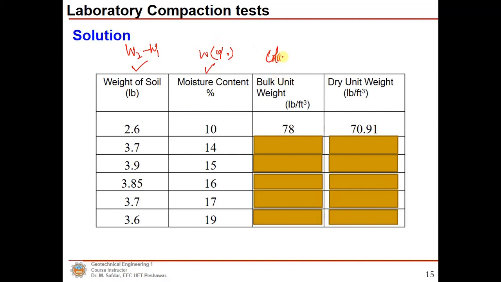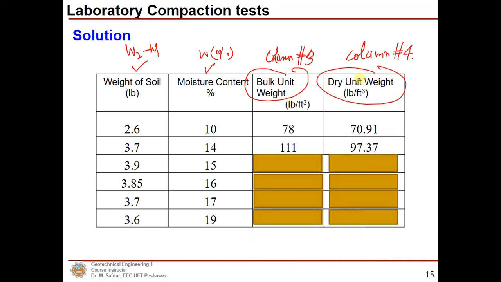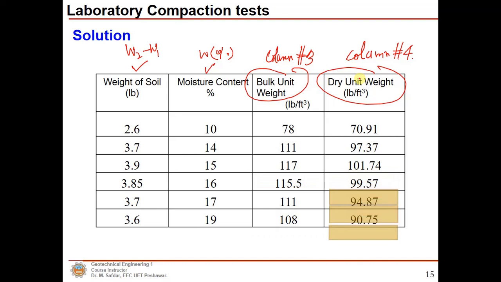This is column number 3 and this is column number 4. So bulk unit weight and dry unit weight can be obtained easily using those two equations.